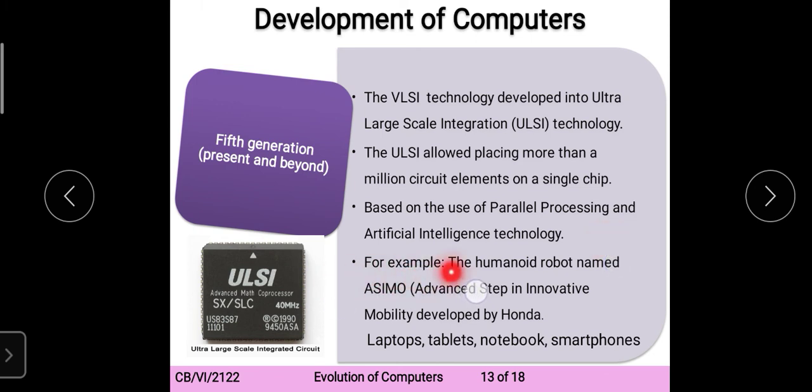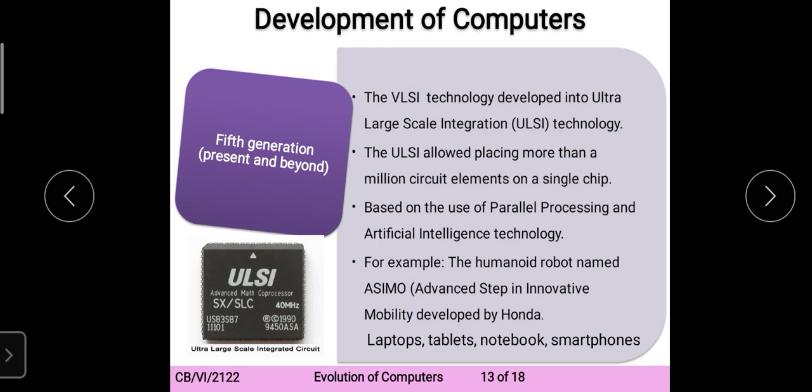For example, the humanoid robot named ASIMO, Advanced Step in Innovative Mobility, developed by Honda. This robot is an example. One example of a robot is also given to you. Laptops, tablets, notebooks, and smartphones are examples of the fifth generation of computers.